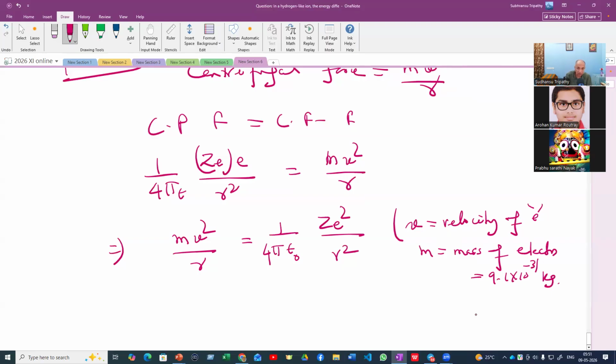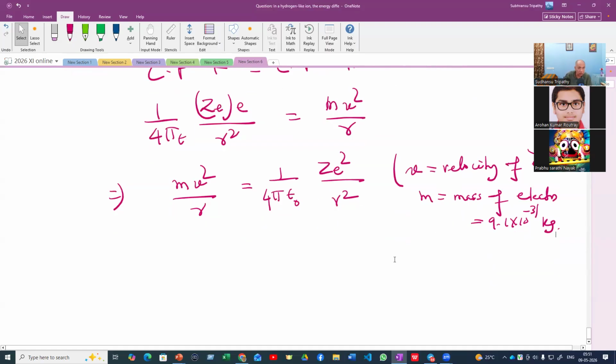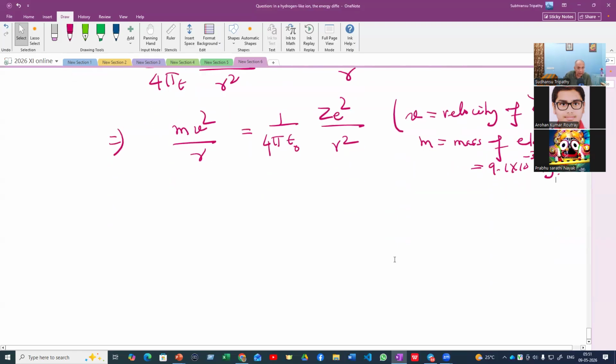We know mass of the electron in SI. Velocity of the electron we will find out just now. r, radius of the orbit, we will find out just now. Electronic charge we already know, 1.602, electronic or protonic, same, into 10 to the minus 19 coulomb. These things we know. So let us develop an equation.